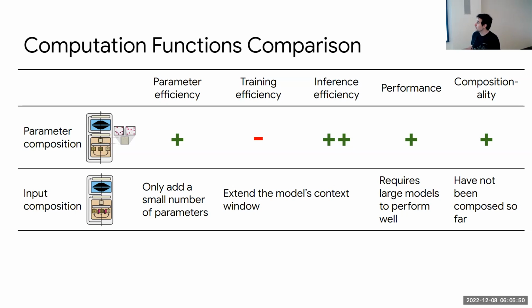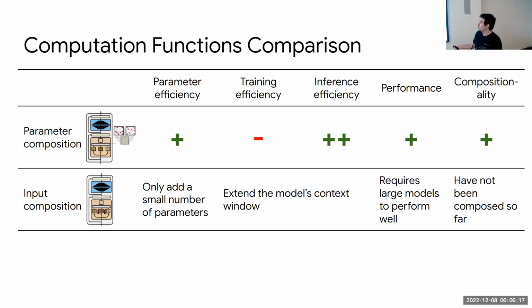In practice, however, because we add these parameters by extending the context window, that is, by extending the input of a model, this leads to more inefficiency, both during training as well as during inference, because our model needs to respect a comparatively larger input. This is the same downside as with discrete prompting.